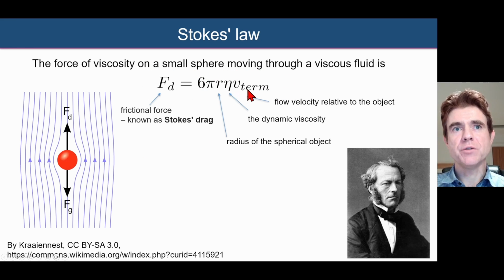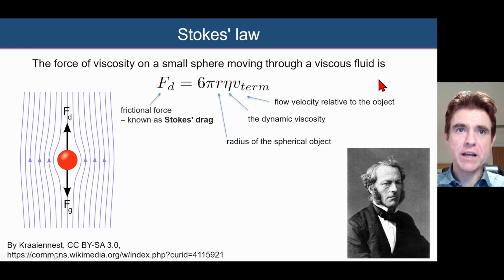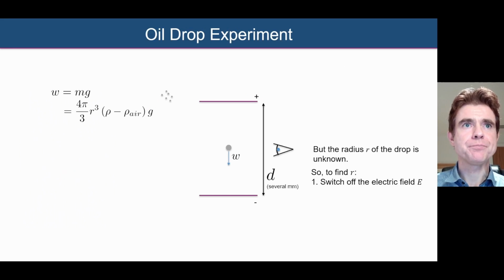Hopefully this makes sense. The faster this sphere is moving, the greater the drag force. The larger the radius, the greater the drag force. And of course, the greater the viscosity of the fluid, the greater the drag force. We're going to use that next to help us find the radius of the droplet, and therefore go back to that original equation and find also the charge on the oil droplet.